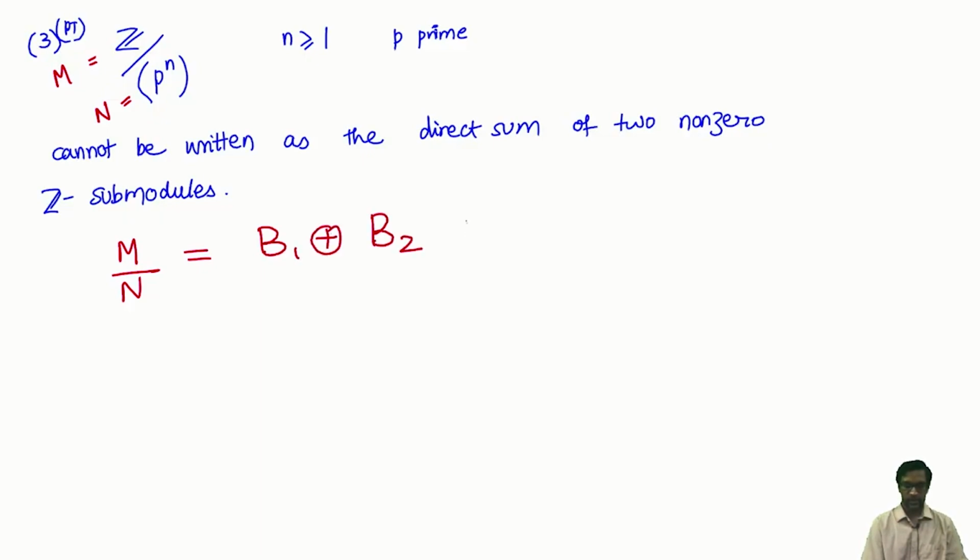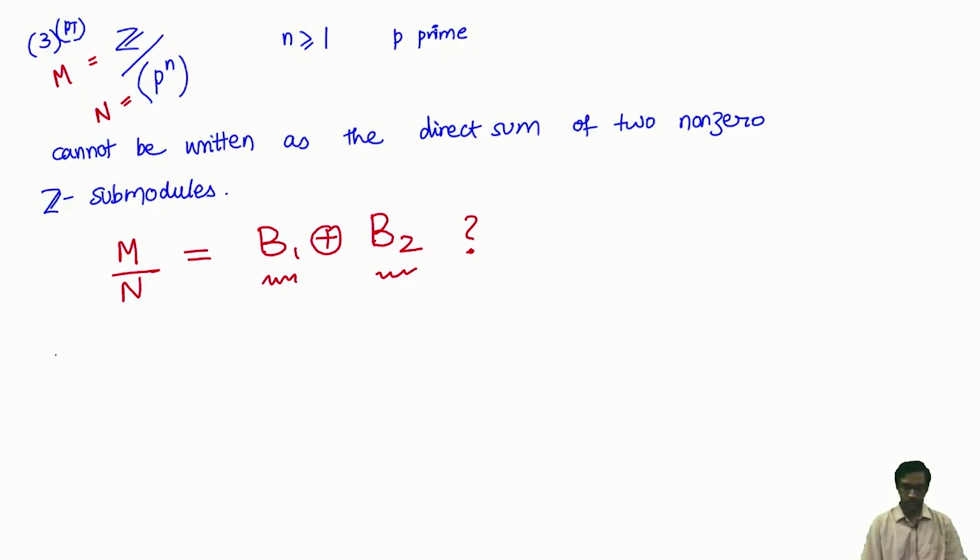To do this I need to understand what the possible submodules B1 and B2 are. What do submodules of my quotient look like? If I can figure that out first, then I can try and prove that you can never decompose in this way. So the first step is to understand the submodules of M mod N.